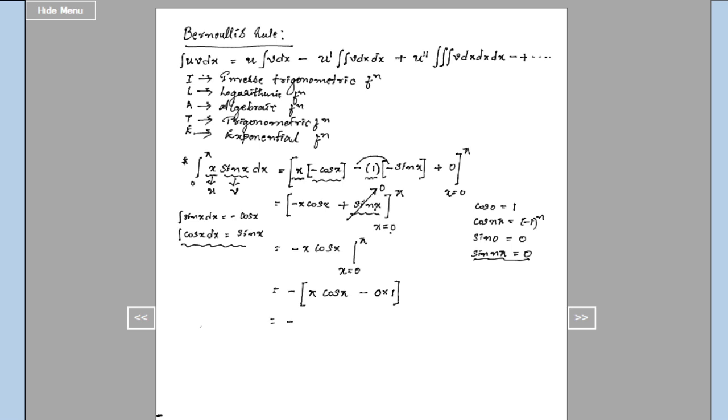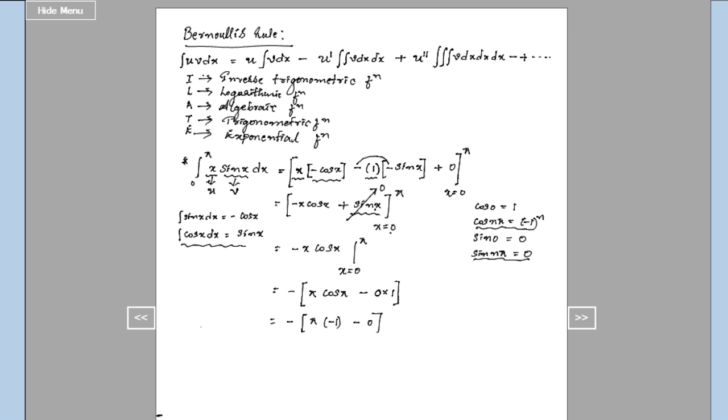Now substitute the value of cos pi. Cos n pi is minus 1 power n. Cos pi is nothing but cos 1 pi, so with n equal to 1 it becomes minus 1 power 1, which is minus 1.